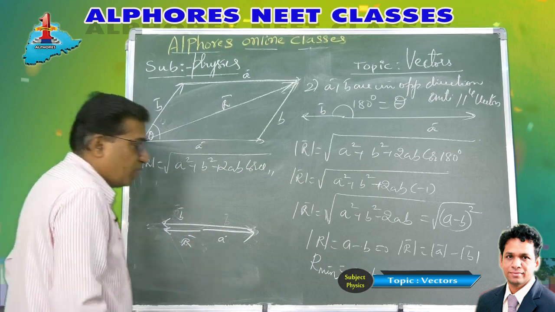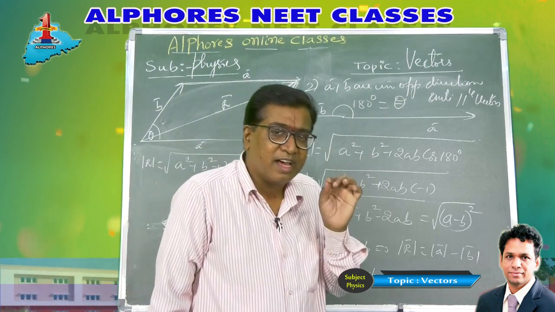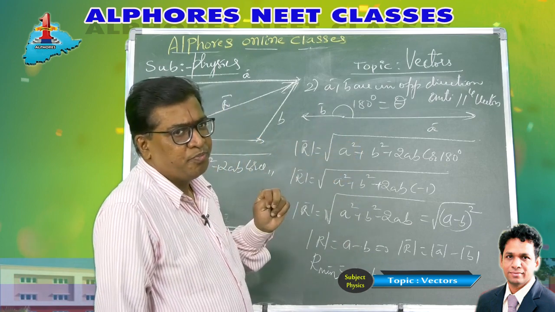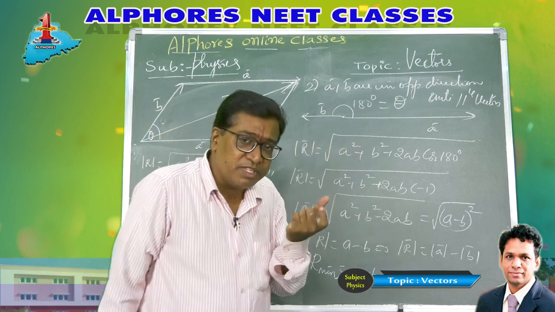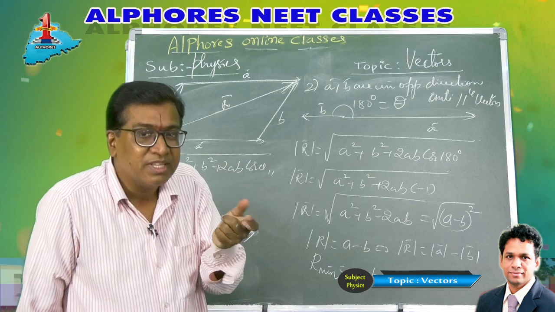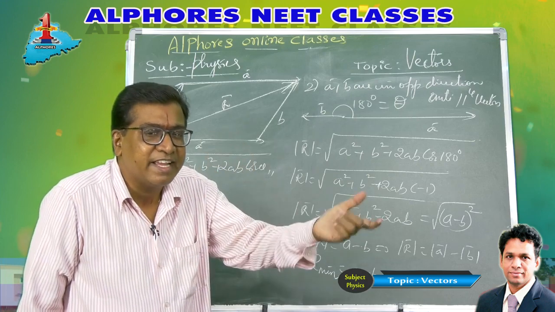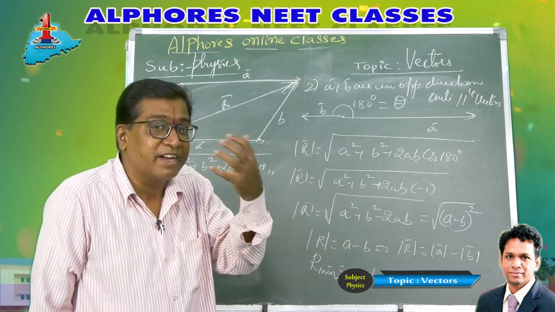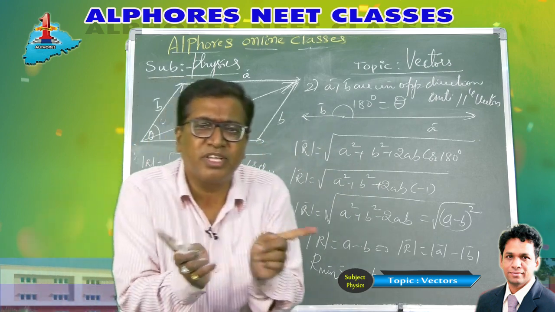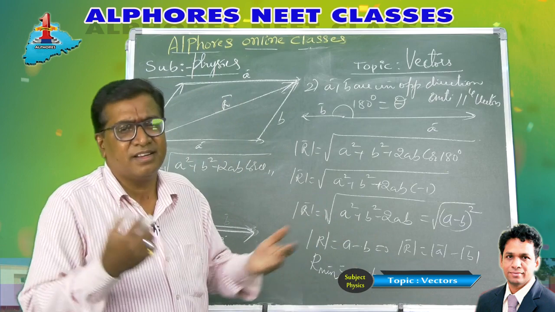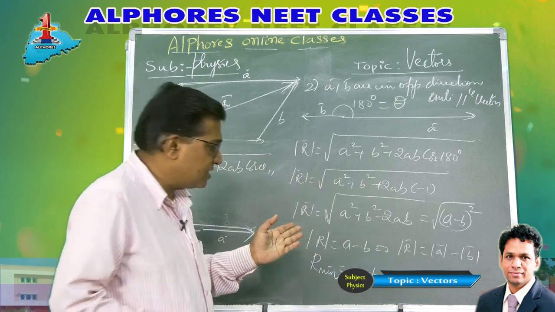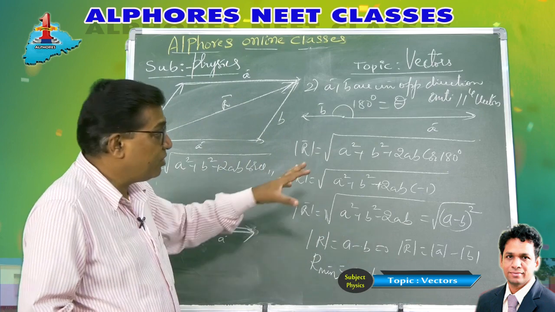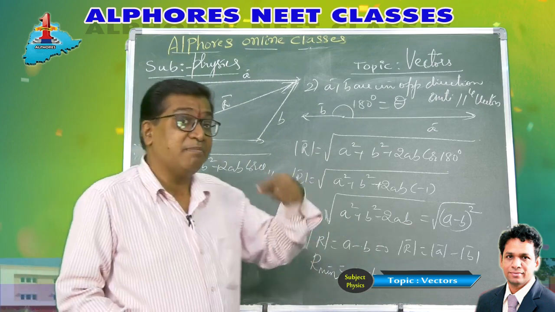So R bar will be in the direction of the bigger vector of those two, the one with more magnitude. If both are of the same magnitude, the answer is zero, a null vector, obviously. So the resultant direction will be in the direction of the bigger vector. That way you find the minimum resultant.